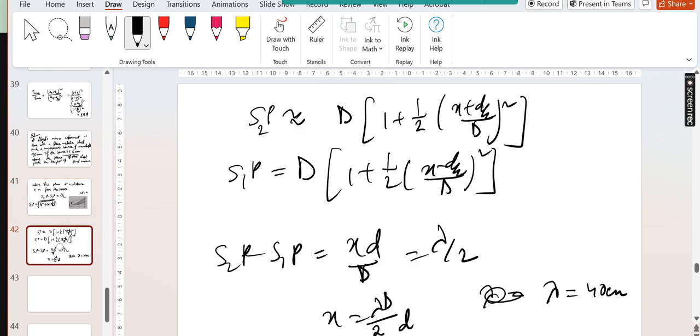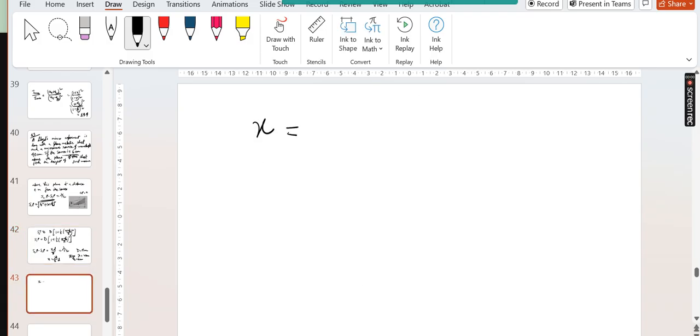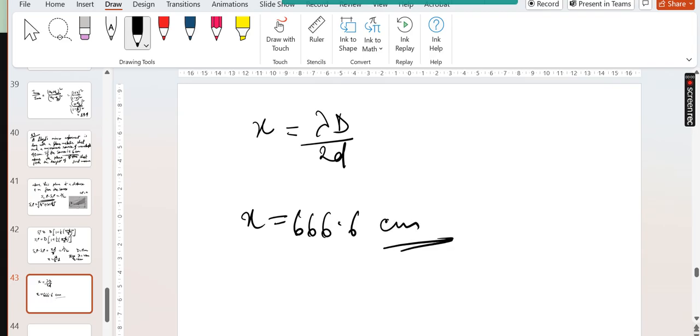This d by 2 is 6 centimeter. And capital D is 4 meter. So x becomes lambda D by 2d. Therefore, x is equal to 666.6 centimeter. This is the distance of the first maximum.